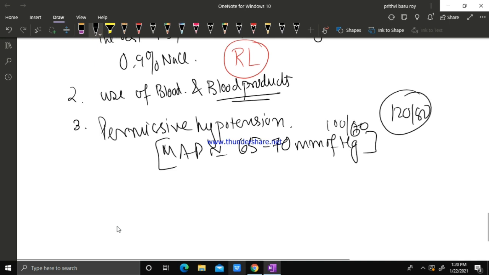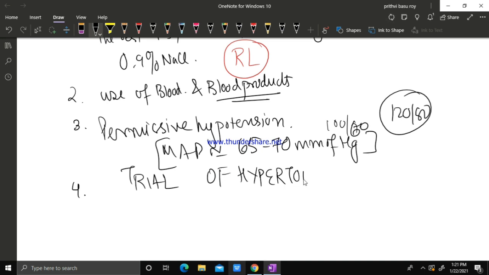After this permissive hypotension, you are going to do something which is brave, that is a trial of hypertonic saline. Now, hypertonic saline is something which, 3% sodium chloride, you are giving this. You cannot give it overzealously, otherwise central pontine myelinolysis. You should not increase sodium by more than 12 milliequivalents per day, so you cannot do that in 12 hours.